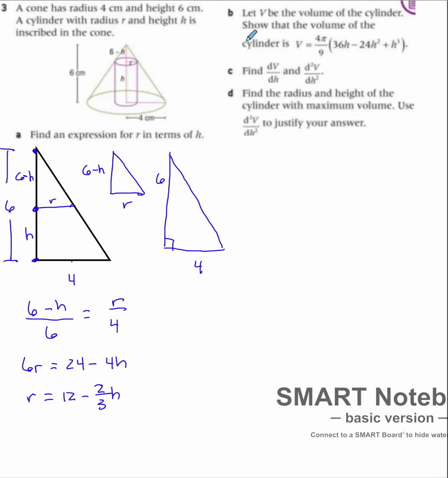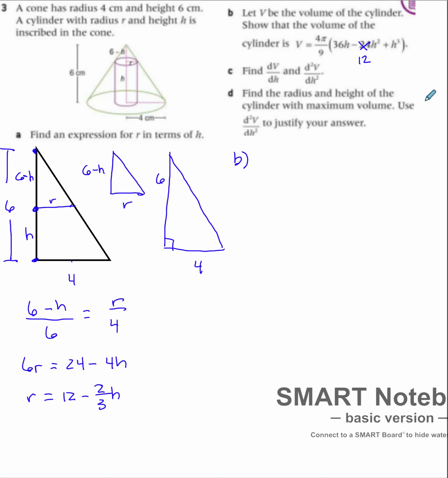Okay. So for part B, we have to show that the volume is this guy. What I found out when taking a closer look, and this was part of my confusion, is that the book has this wrong. The volume is actually, instead of 24h squared, 12h squared.